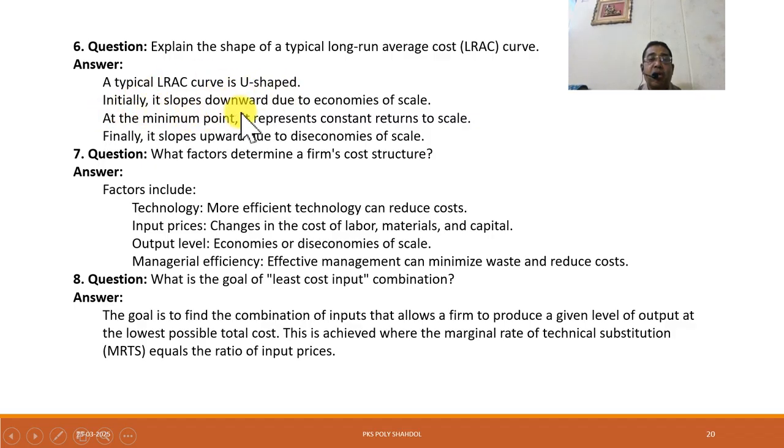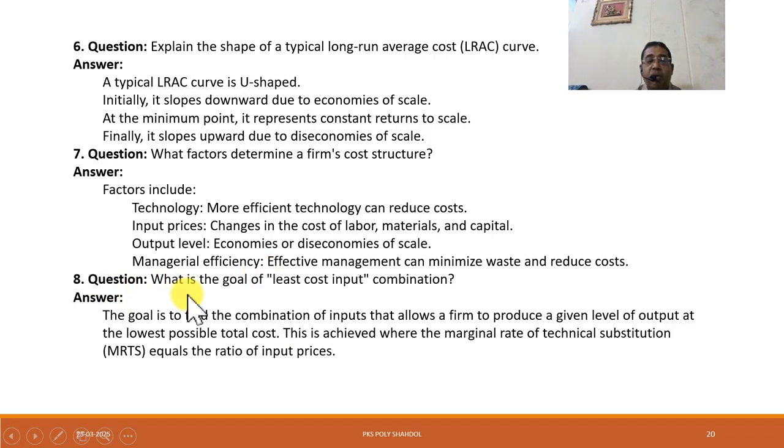Initially it slopes downward due to economies of scale. At the minimum point it represents constant returns to scale. Finally it slopes upward due to diseconomies of scale. Question number 7 is, what factors determine a firm's cost structure? Factors include technology, input prices, output level, and managerial efficiency.